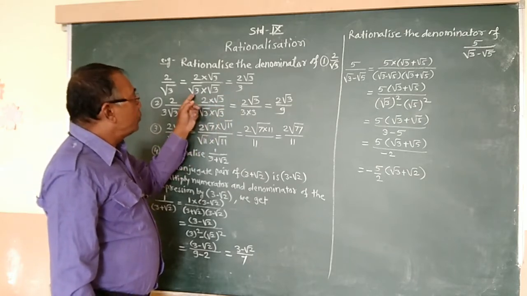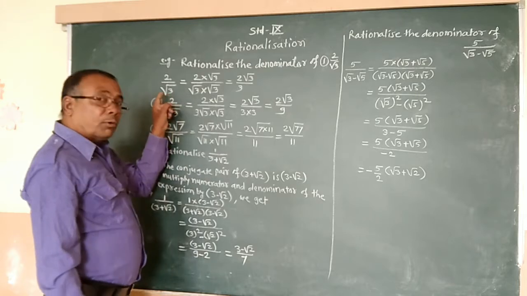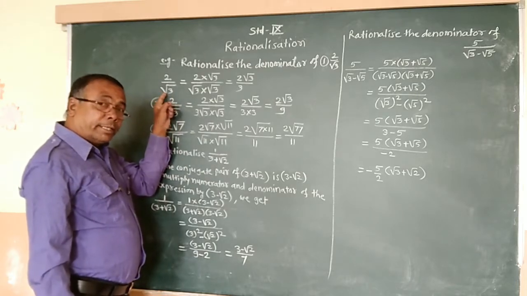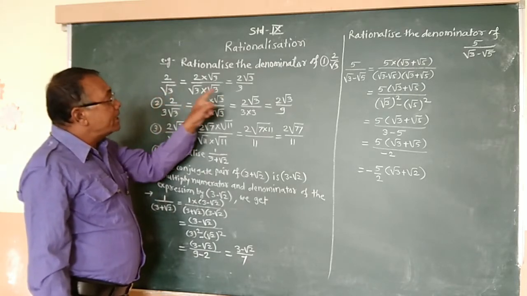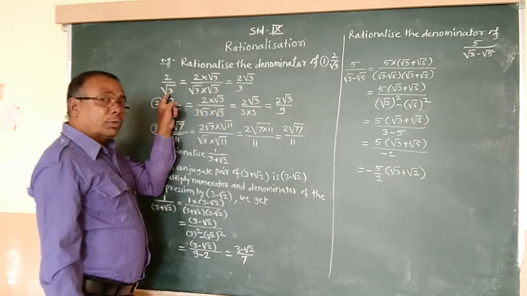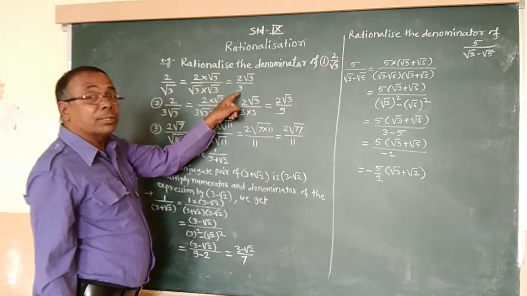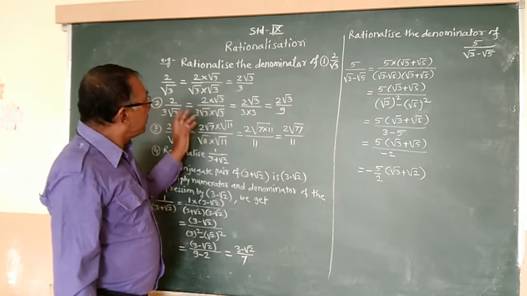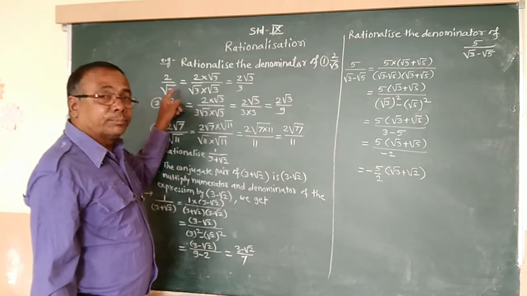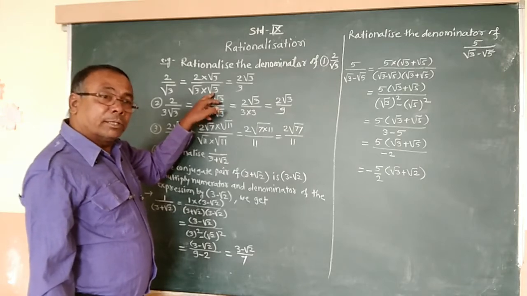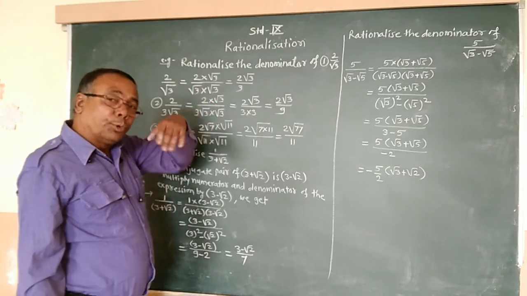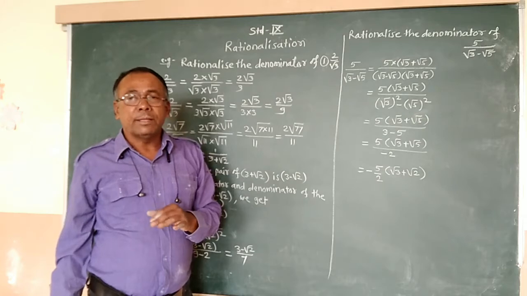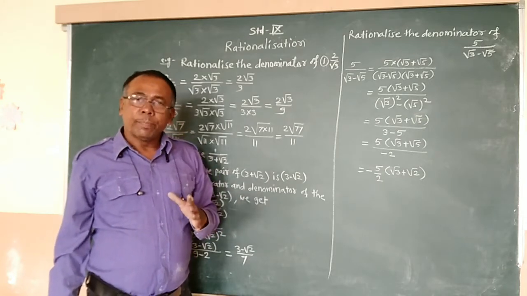In this way, our denominator was root 3 and it becomes 3. Root 3 was an irrational number and it becomes a rational number. To rationalize the denominator, if root 3 is there, we must multiply the denominator by root 3. If root 2 is there, we must multiply the denominator by root 2.